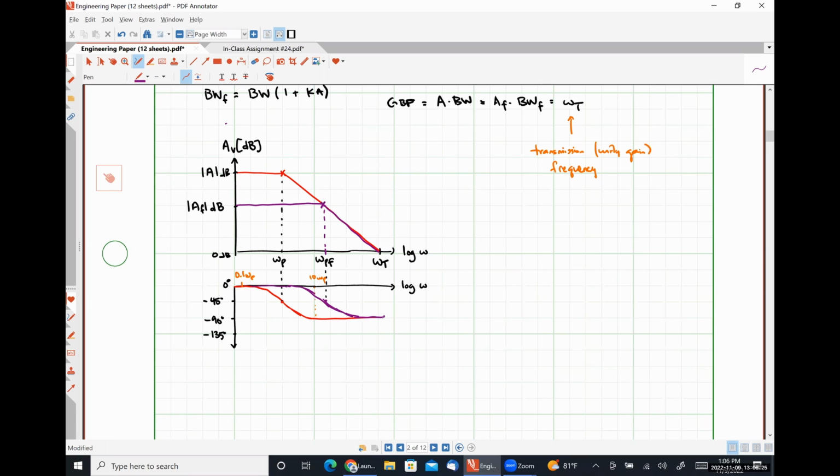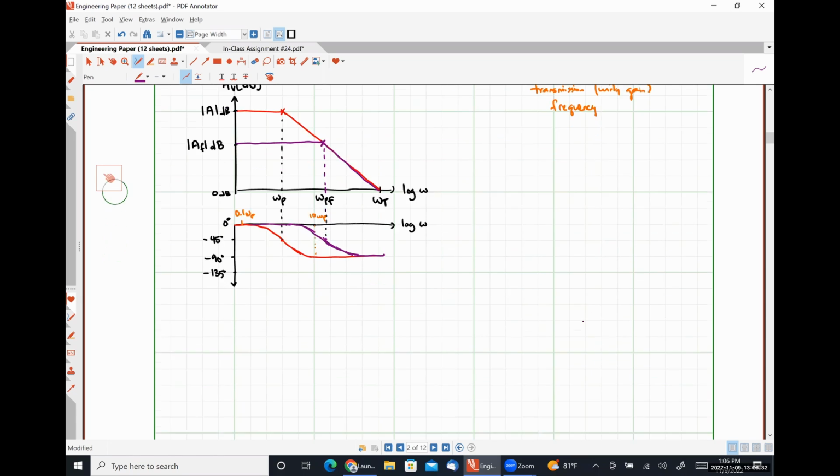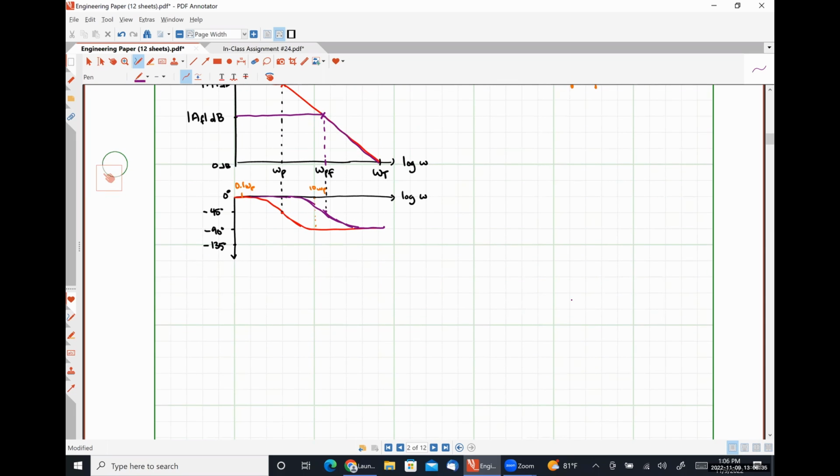Okay. So let's look at something here. Our basic transfer function diagram for an amplifier with feedback. We have our signal that we're trying to amplify, X sub S. It goes into a summer.